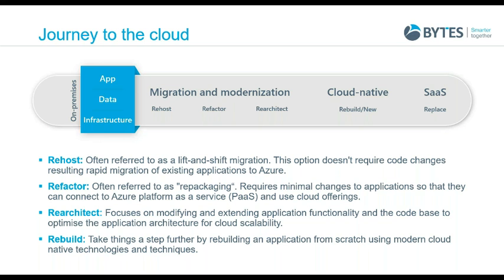So if they've got a virtual machine, say domain controller or something similar to that, you can migrate that across to the cloud and run that in the cloud with very little changes required. It's very flexible in terms of migration model, but it can also incur the most cost because running multiple virtual machines as you did on-prem may not be necessary as you move into a cloud model.